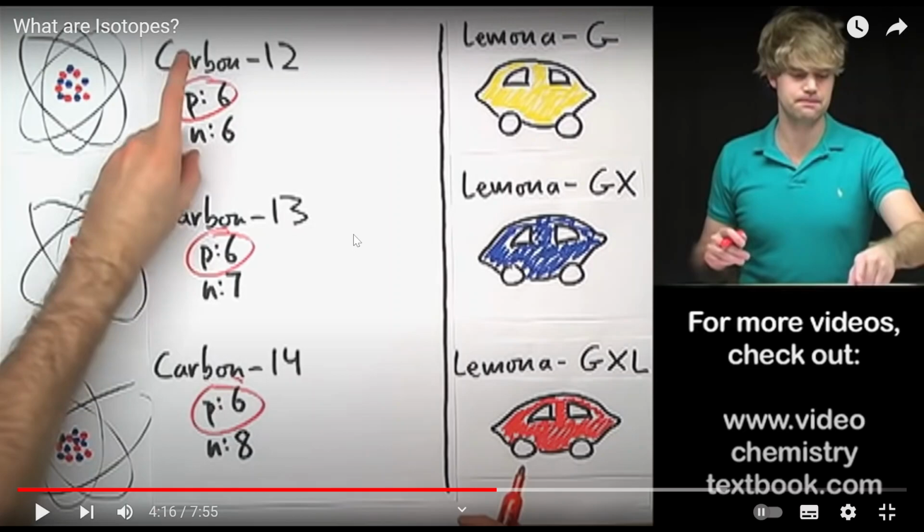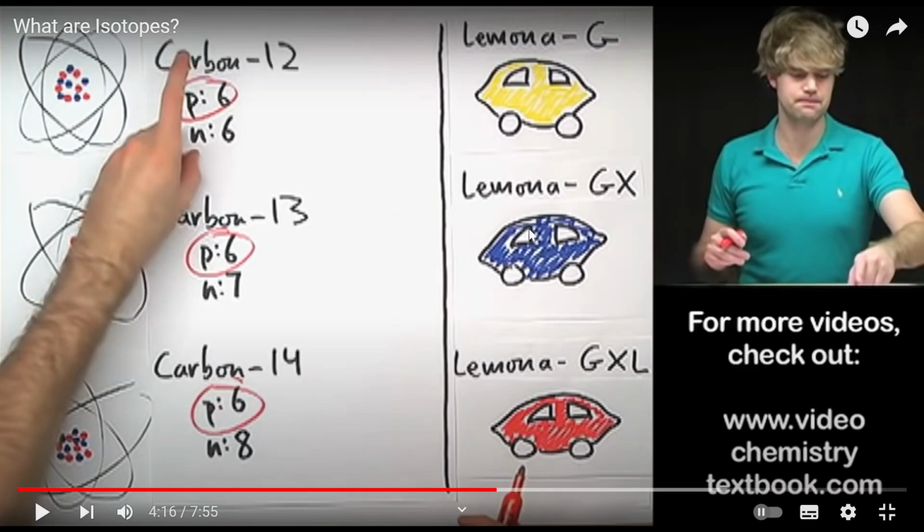So this is the mass number. What's the mass number equal to? That's sad. My grade 9s could answer this. What is the mass number equal to? Protons plus neutrons.